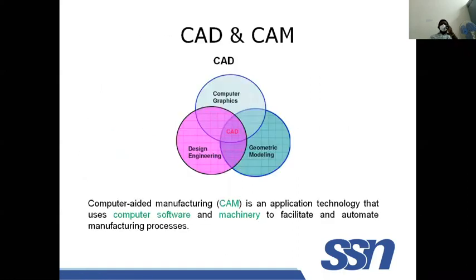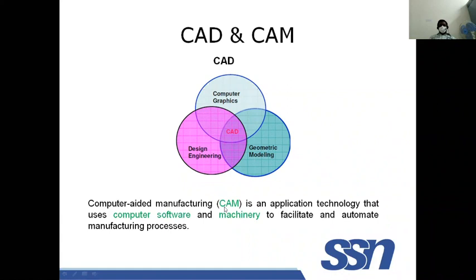Okay, what is CAD? This diagram you might have seen in the previous pre-class lecture. It is an intersection of three components: actually, it is design, computer graphics, geometric modeling. If you find the intersection of these three, you can call it CAD, computer-aided design.